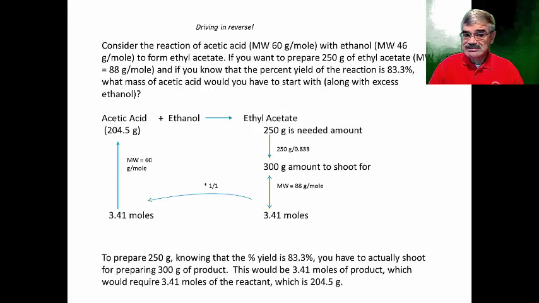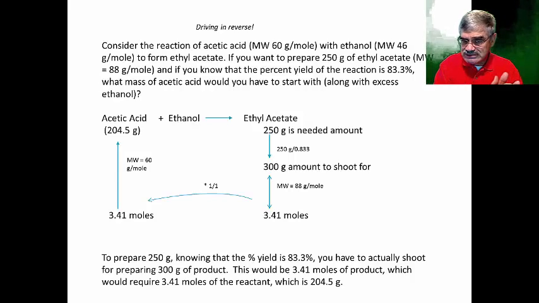So if our analysis says that we should have started with 3.41 moles of acetic acid, what is that mass? How much acetic acid? Well, we just multiply moles times the molar mass, which happens to be 60 grams per mole in this case, to determine that we actually needed to start with 204.5 grams of acetic acid. Okay, you got that?